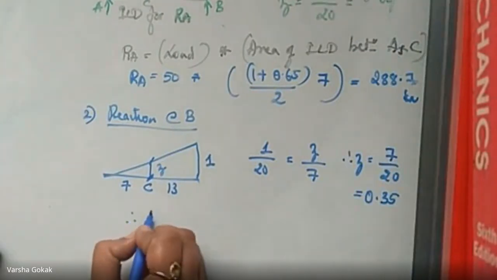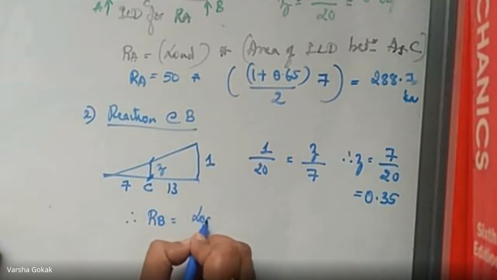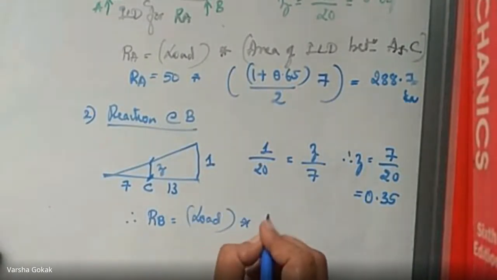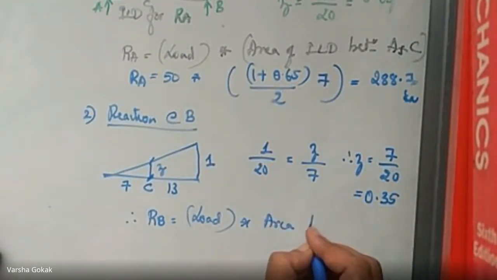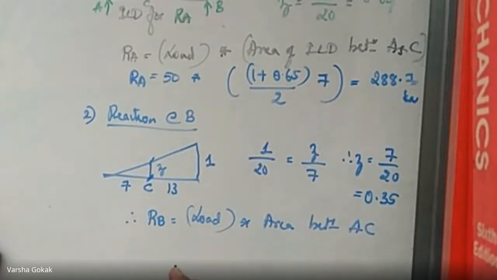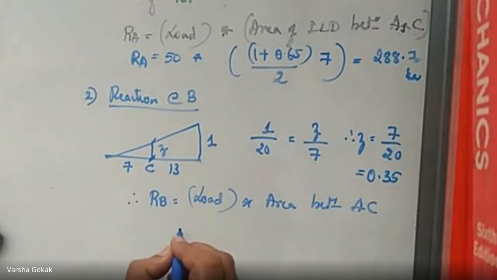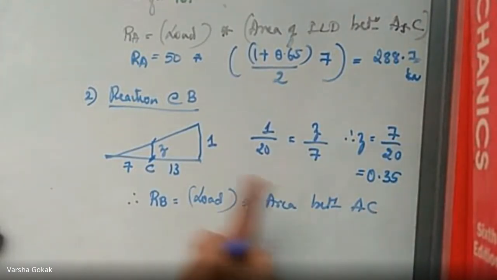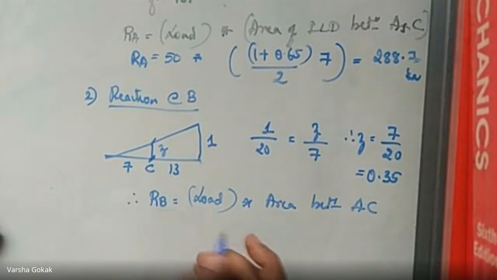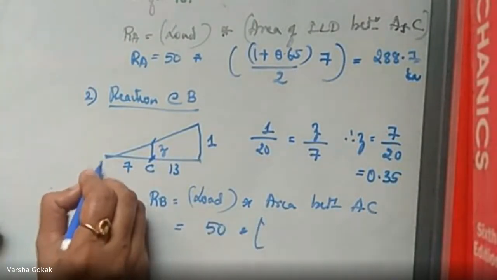Therefore, RB is going to be load into the area between AC. So substitute for these. Not AC, sorry, AC only. I want the distance between AC only. So load value is 50. Area between A and C is what?